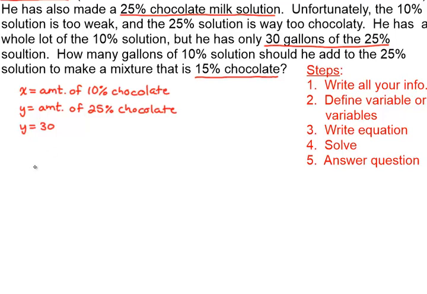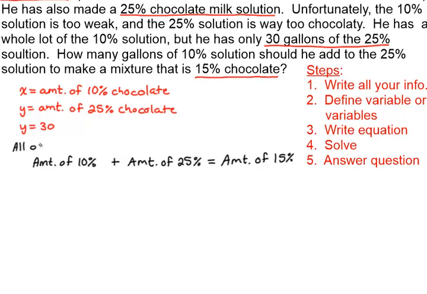And so basically what we're doing is we are adding the amount of 10% plus the amount of 25%, and we're going to get the amount of 15%. Now this equation is going to represent all of the liquid. Chocolate, milk, everything.